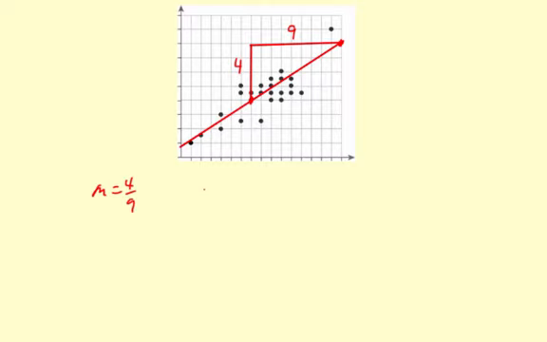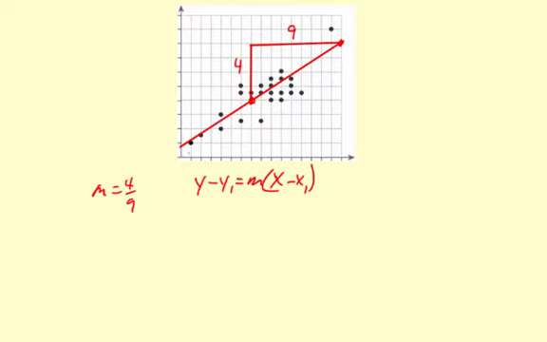So then what I can do is use the point slope formula to write an equation for the model. y minus y1 equals m times x minus x1. Remember, x1 and y1 are coordinates for a point that is on the line. I'm going to use this point here.